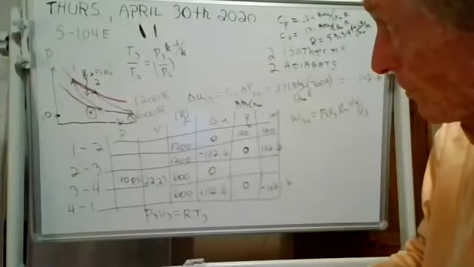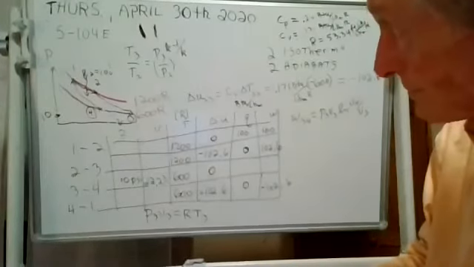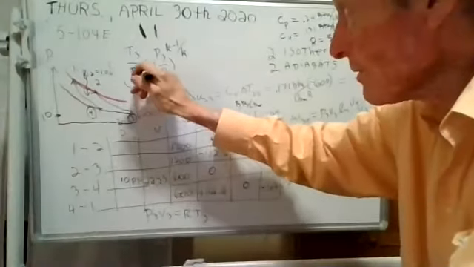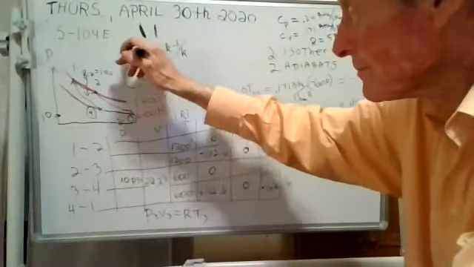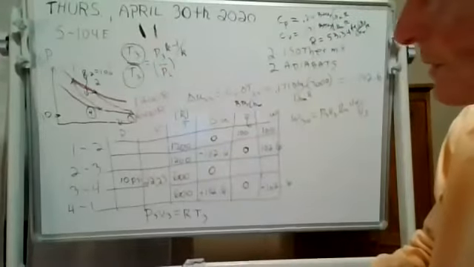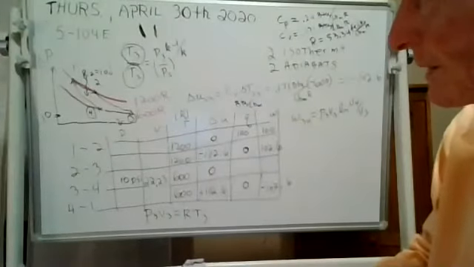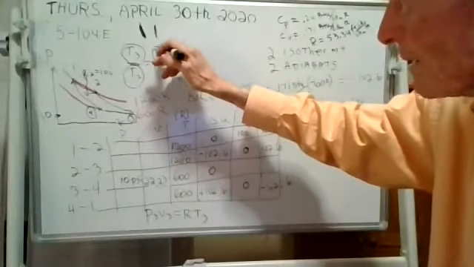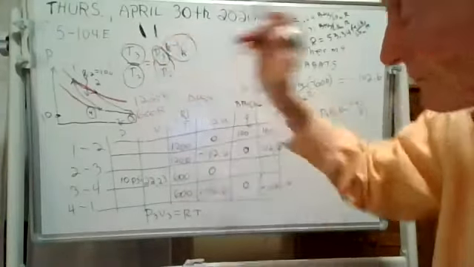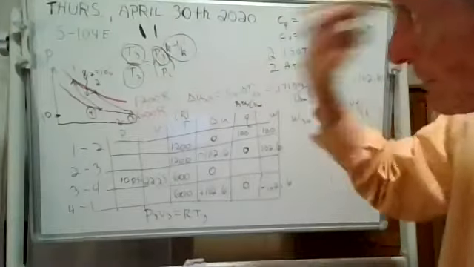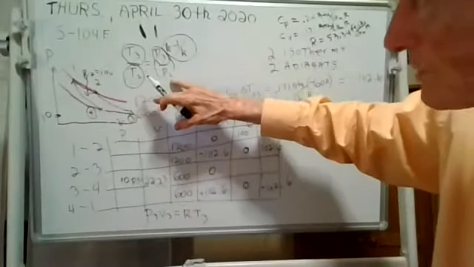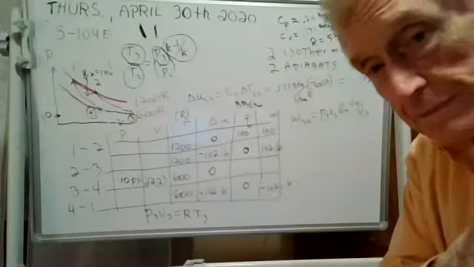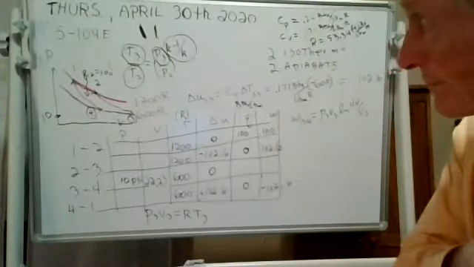Do we know T3 and T2? Yes, we know T3 and T2. Do we know P3? Do we know K for air? You can look it up. We could get P2 from this equation, couldn't we? Yes, we could, Mr. Griffin.